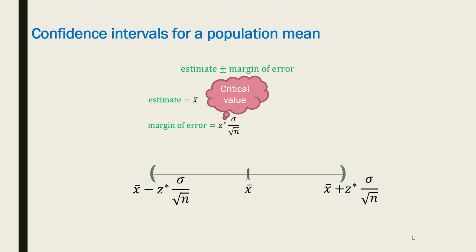So what is the distance between x bar and x bar plus z star sigma over root n? It means middle point and upper bound. That is the margin of error. Or you can say maximum error. Similarly, here too. So again, this is the margin of error or maximum error.